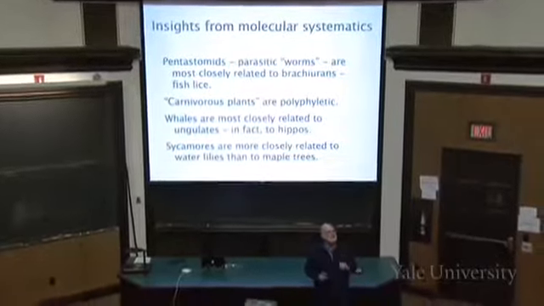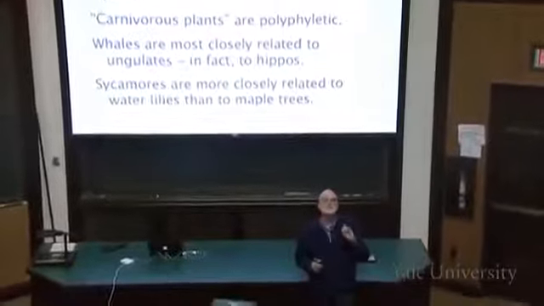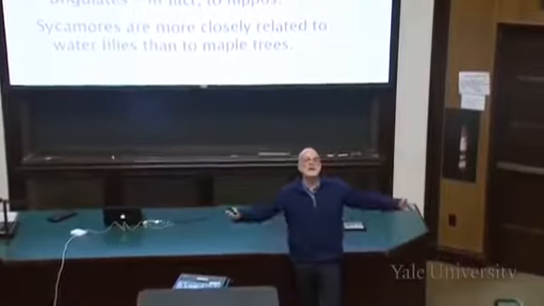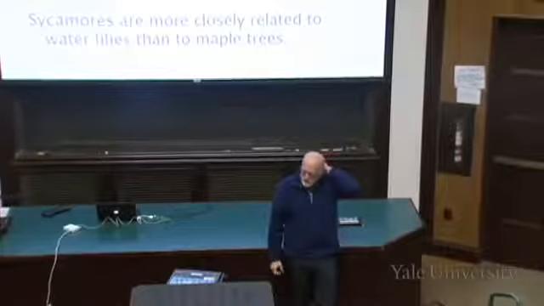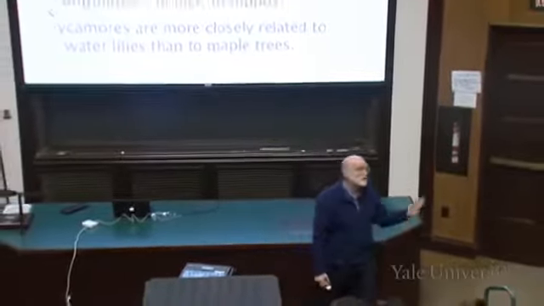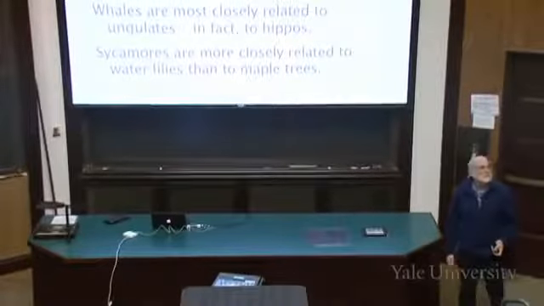They have a leaf that looks like a maple leaf. And if you just look at a sycamore, by the way, it has kind of blotchy bark, so it has sort of white bark but with blotches on it. If you just look at a sycamore and you just look at the shape of the leaf, you might think, oh, these are related to maples. They aren't at all. They are, in fact, more closely related to water lilies.